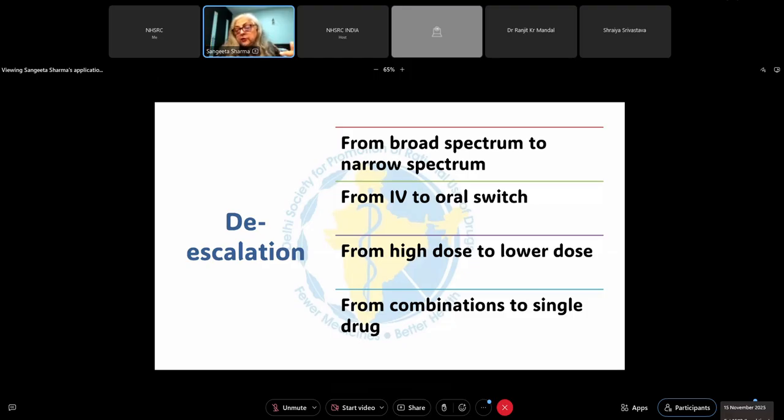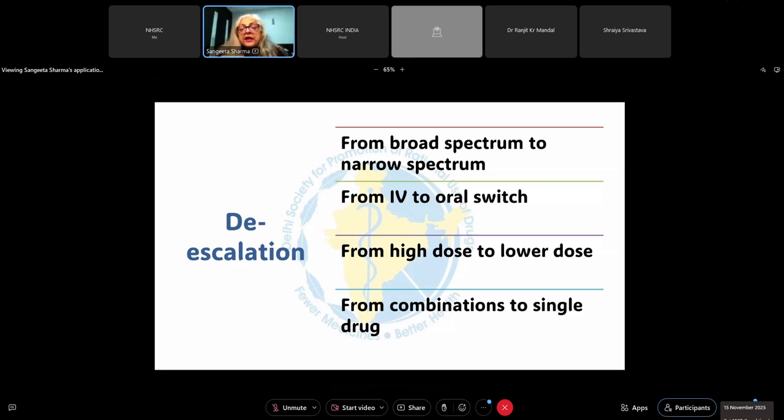Clostridium difficile-like infection happens, AMR happens, because of that. So we want that these broad spectrum antibiotics are given for the shortest duration necessary for the patient. Okay, so switching from broad to narrow spectrum is called de-escalation.